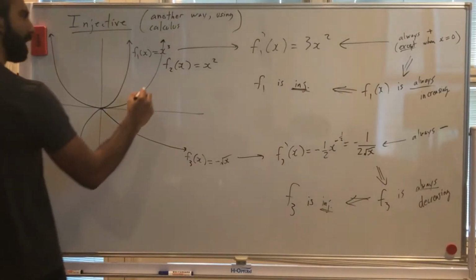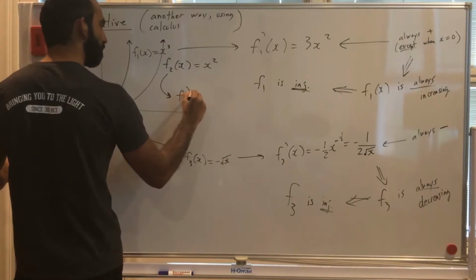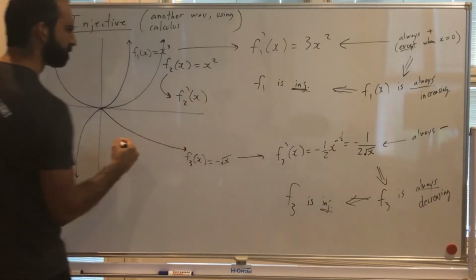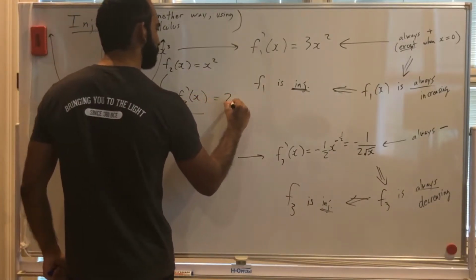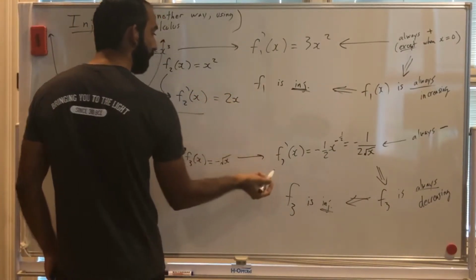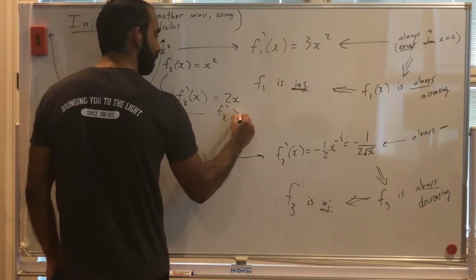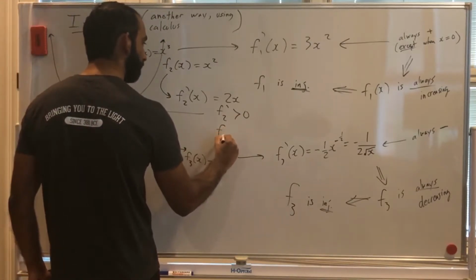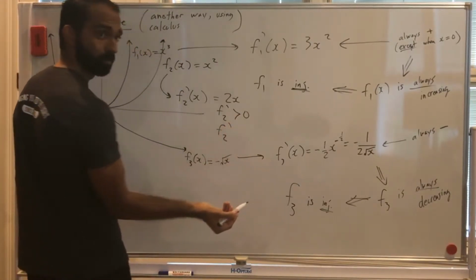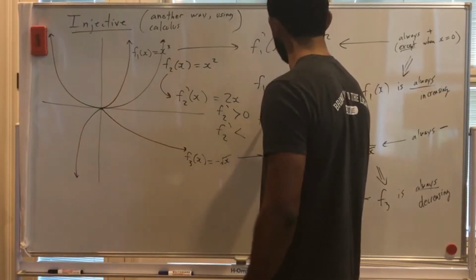Now, the very last function here, f2. What is the derivative of that guy? 2x. And this can be positive, it can also be negative, and it can also be, of course, 0.